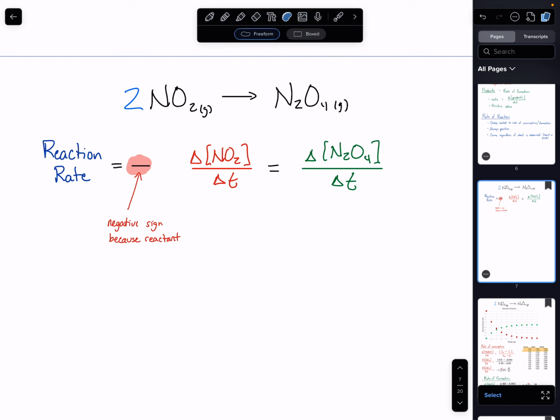All right, but even if we square away the sign, as we showed when we did our math here, the values still are not going to be equal to one another because of that stoichiometric coefficient. So we're also going to factor in that stoichiometric coefficient to our expression. What we're going to do is divide by that stoichiometric coefficient.